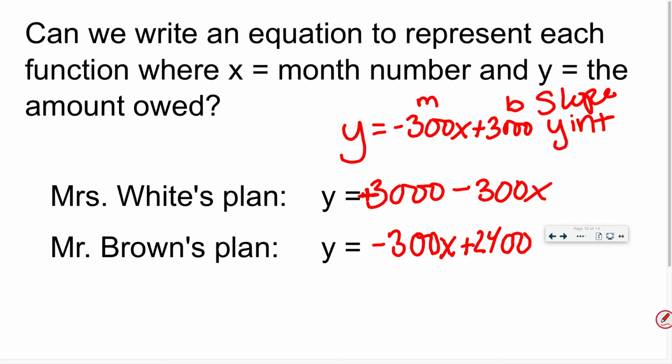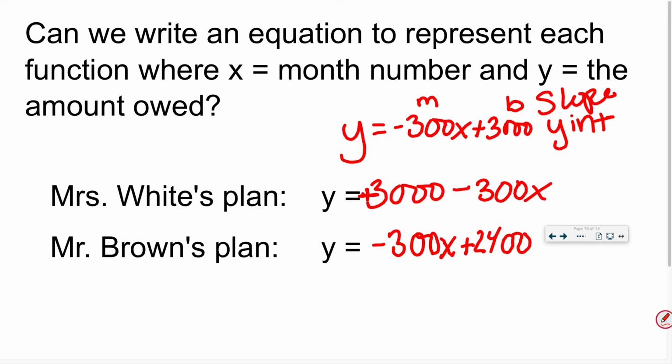All right, can someone put y equals negative 300x plus 2,400 into words for the scenario? Let's make that less mathy and more like, what does it mean here? Translate that to the scenario. What happened with Mr. Brown?